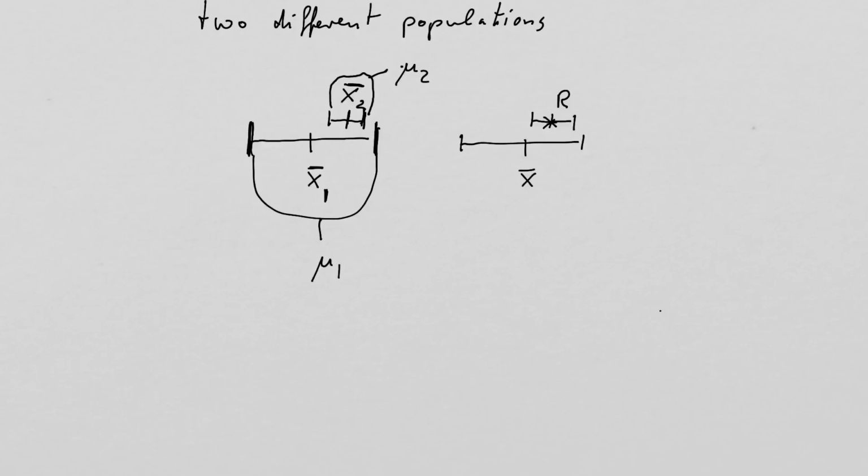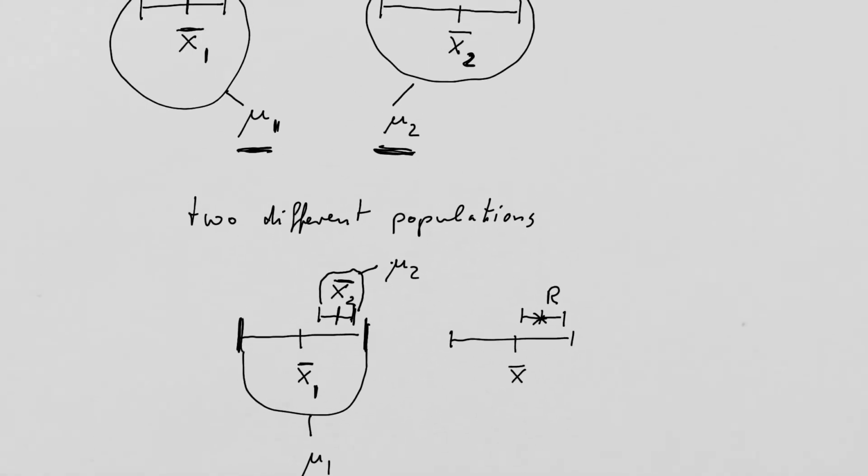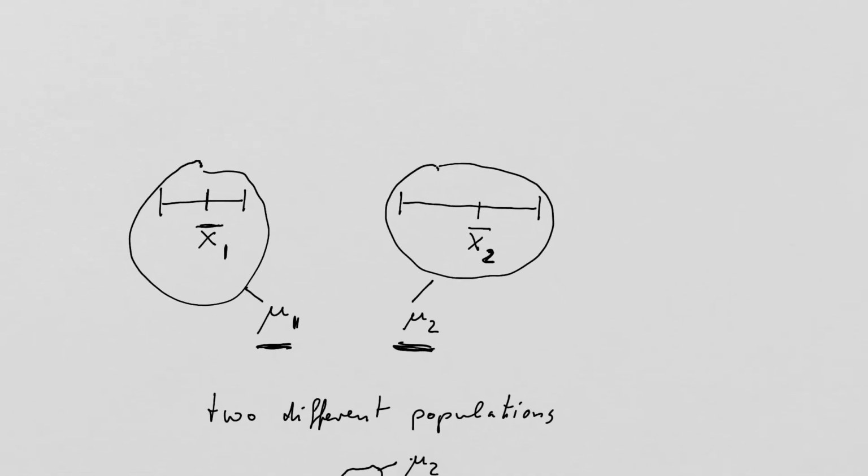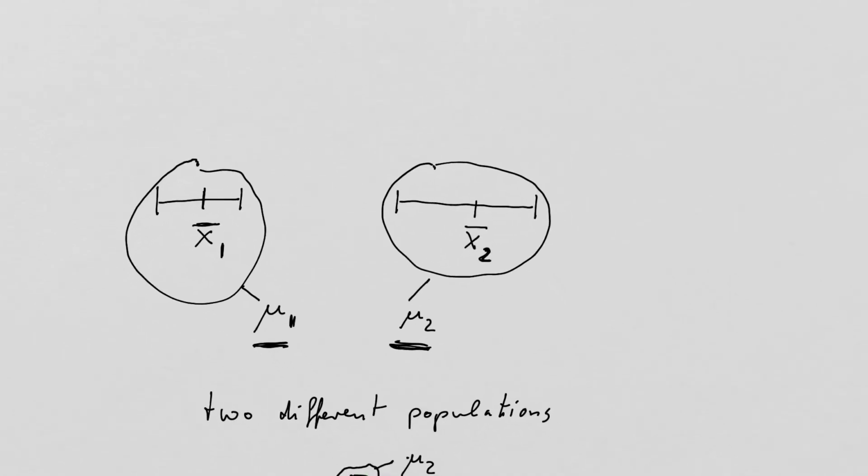We still can't totally rule out that they come from different populations, but we can say it's likely that they come from the same population. And if the two confidence intervals are way apart from each other and don't overlap, we can say with a high degree of confidence that these two samples come from different populations.